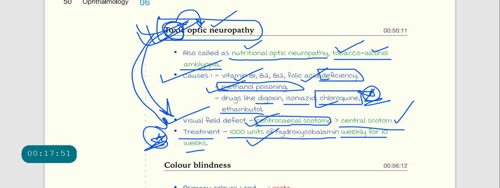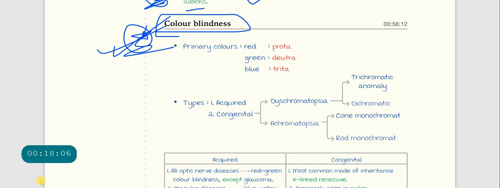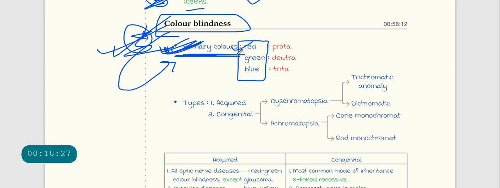Now the most important topic over here is color blindness. Very important topic, students. In color blindness we talk about the primary colors only, because the majority of patients come with a defect in the primary colors. What are these primary colors? These are three: red, green and blue, and you have to remember them in this sequence.